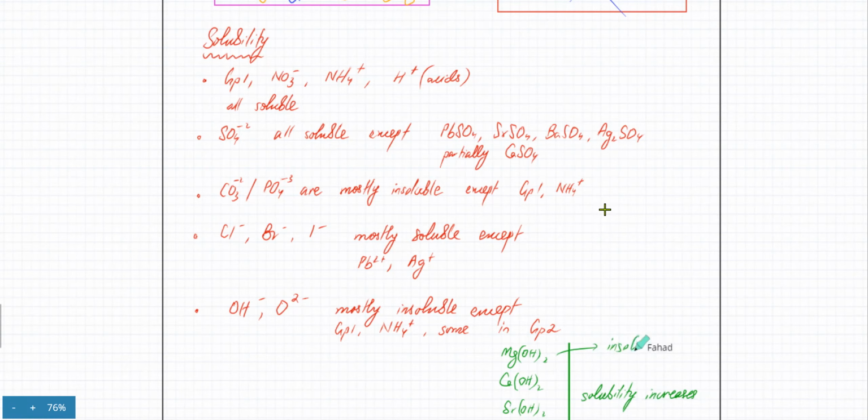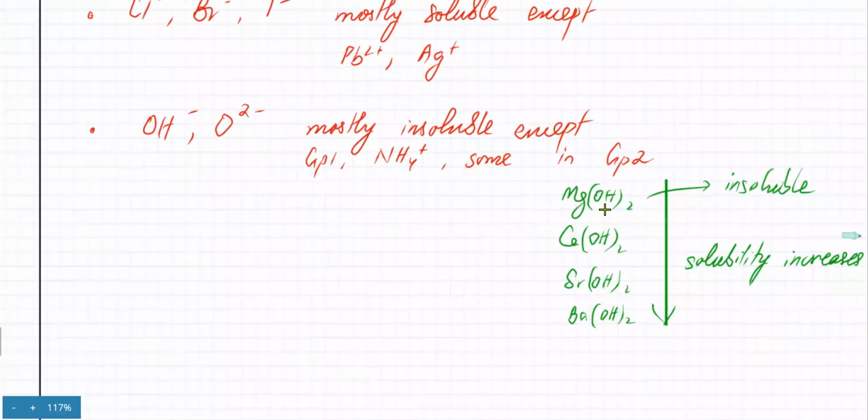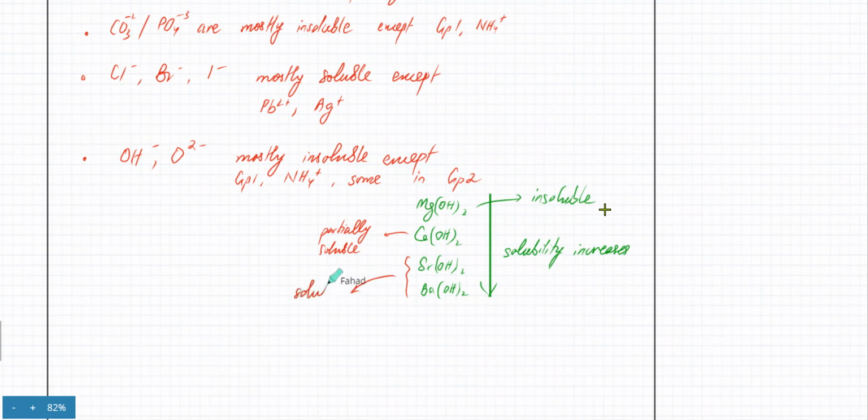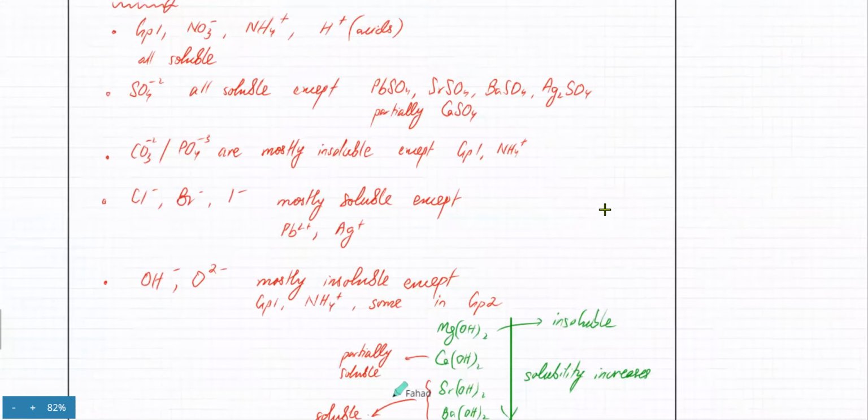You need to remember these exactly. In inorganic you get a lot of questions on this. Calcium hydroxide is partially soluble, and the last two are soluble. Anyways, you're already familiar with the solubility table.